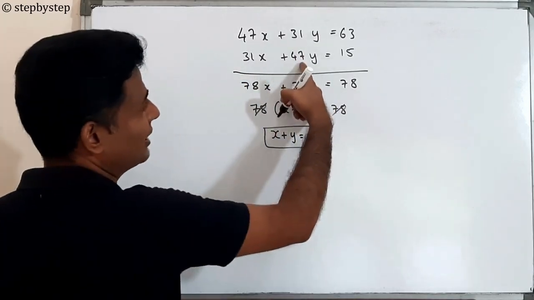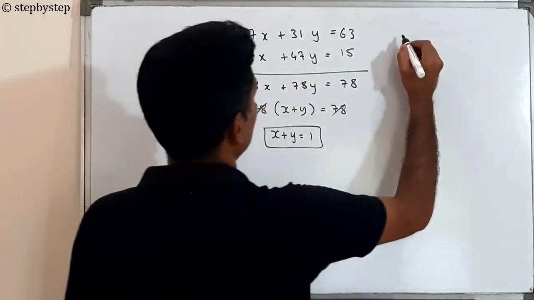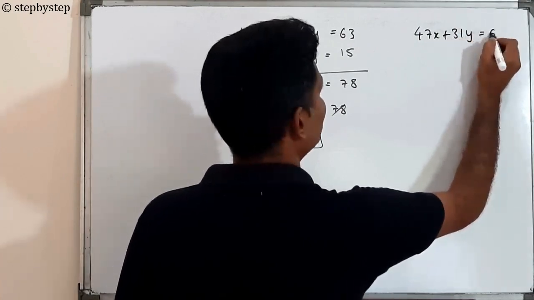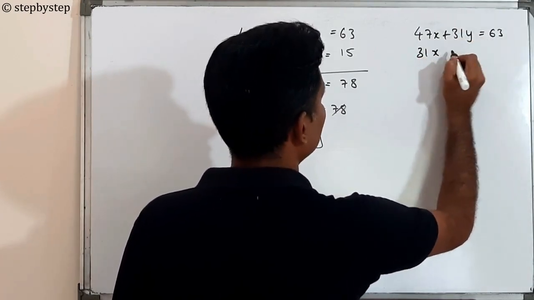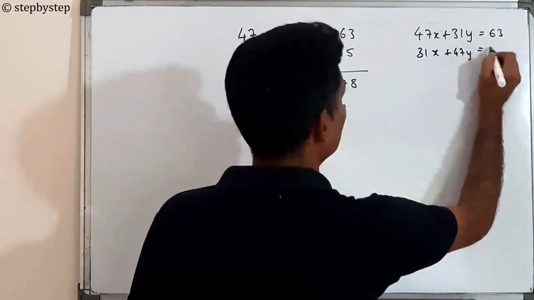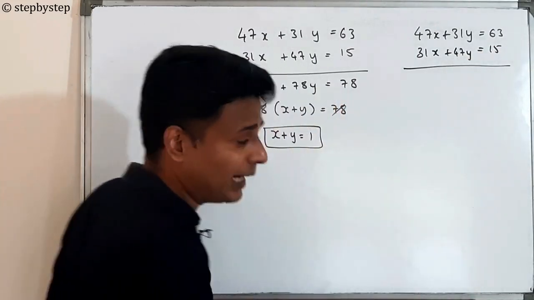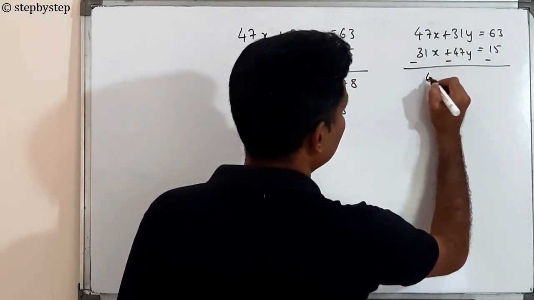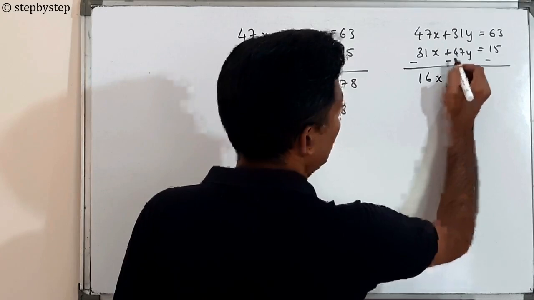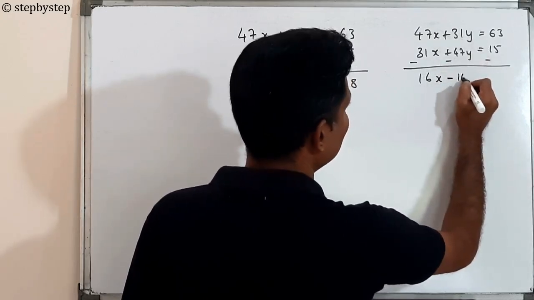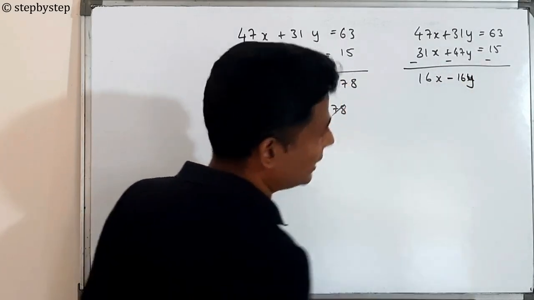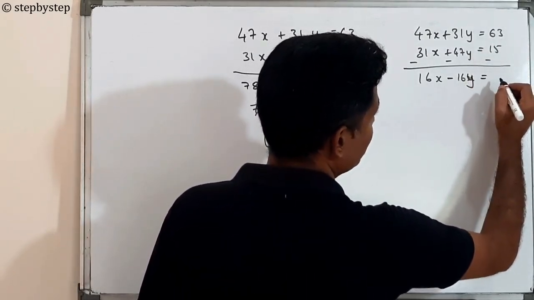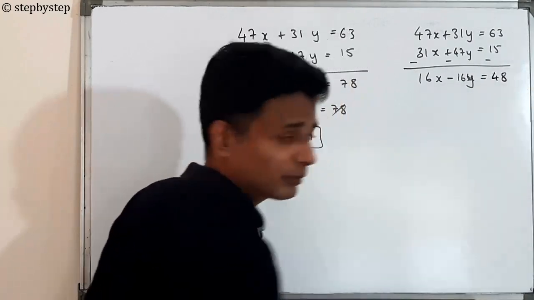Next I'll subtract this from this. So I'm subtracting 47x plus 31y equal to 63, and here it's 31x plus 47y equal to 15. Now if I subtract, signs will change. 47 minus 31, that is 16, so 16x, and 31 minus 47 is minus 16y, equal to 63 minus 15, which is 48, right?